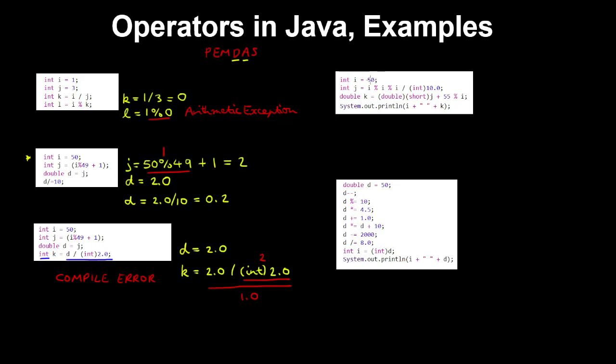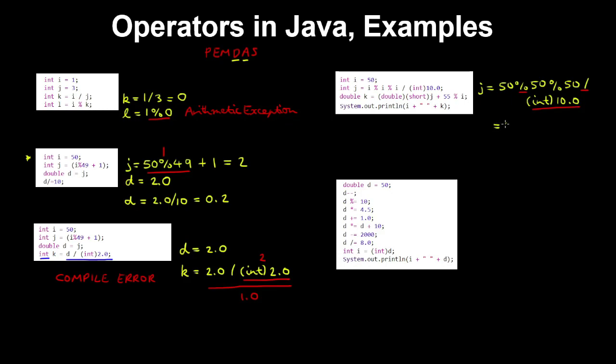Now in this program, i is assigned 50, and therefore j is 50 modulo 50 modulo 50, and that's divided by 10.0, which is cast to an int. So modulo and divide have the same precedence, and the cast gets evaluated first.